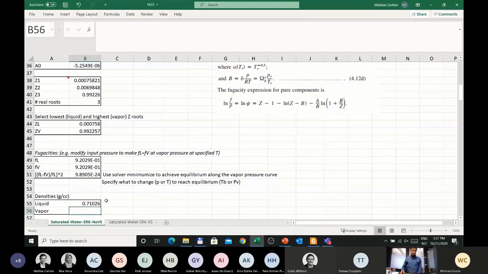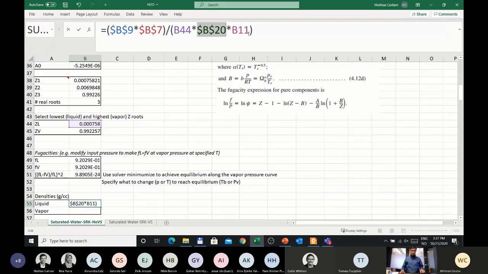So this is the liquid density in gram per cc, and the same can be done for the vapor phase. I will just fix the formulas and drag it down.